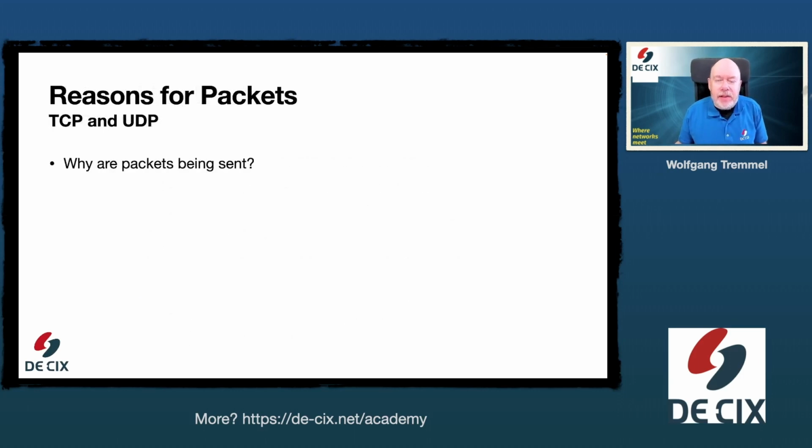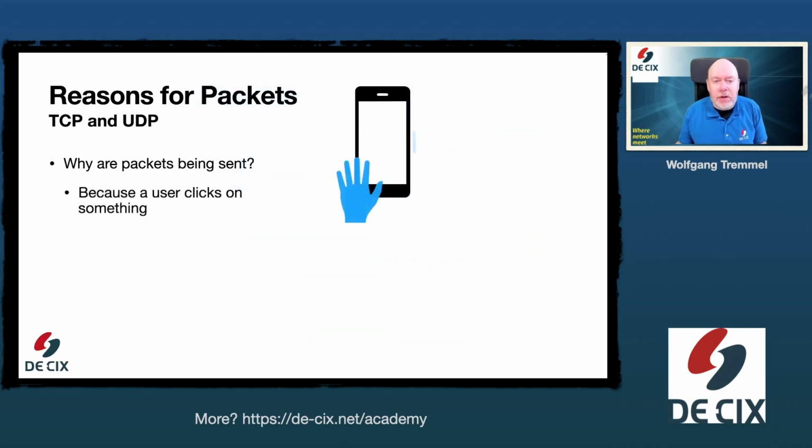In networking, well, let's take a step backward and talk about the reasons for packets. So why are packets being sent? Usually this happens because a user clicks on something and a device sends out an IP packet in response to get information, to send out an email, and so on.